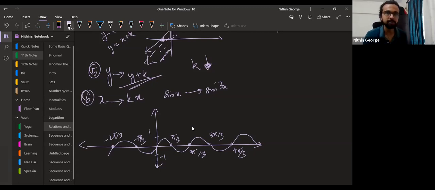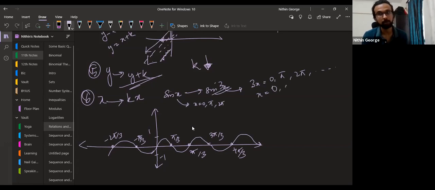Because sin x becomes 0 at x equal to 0, x equal to pi, x equal to 2 pi, and so on. But sin 3x becomes 0 at 3x equal to 0, 3x equal to pi, 3x equal to 2 pi. Getting it? So sin 3x will be 0 at x equal to pi by 3, 2 pi by 3, and so on. So this is where you should get the idea that you're dividing all the points on the x-axis by 3.